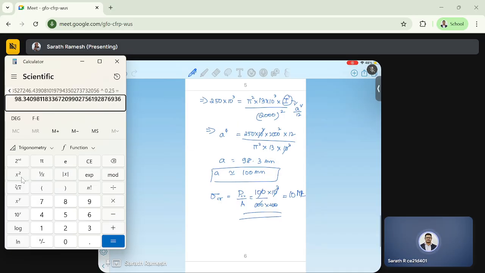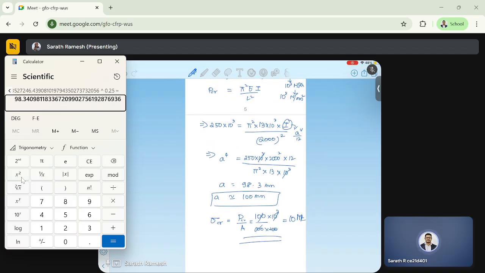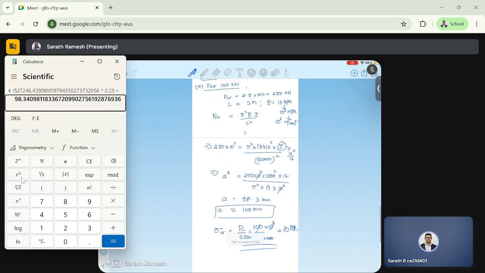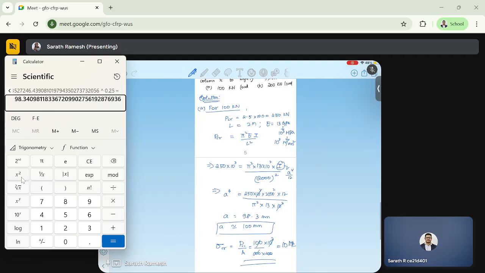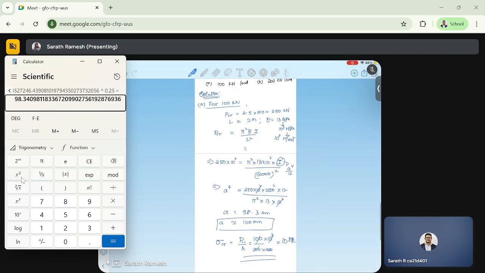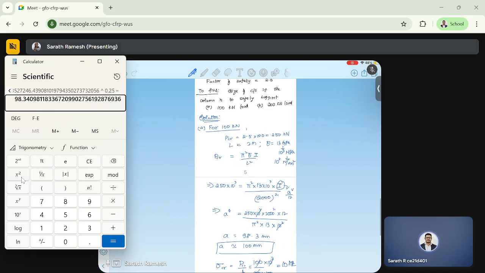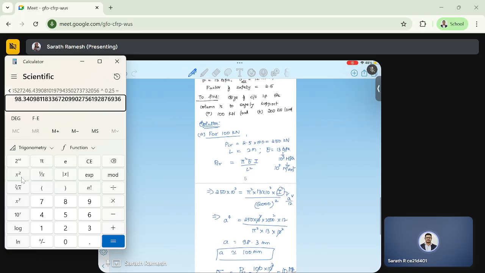See, we have to use the factor of safety with more intellect. For critical load, we want to make sure that our column stands more load, even though 100 is coming. If I am using a factor of safety of 2.5, I'll design it for 250 kilonewton.